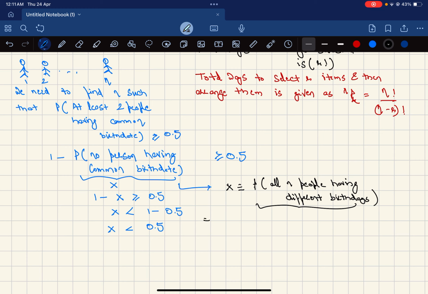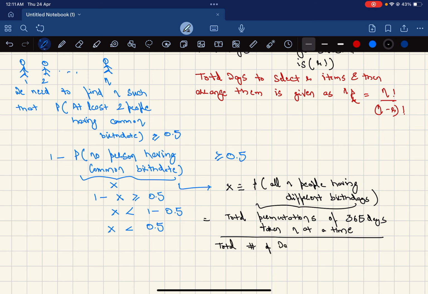This is calculated as the total permutations of 365 days taken n at a time, divided by the total number of ways in which we can give a birth date to each of n people.